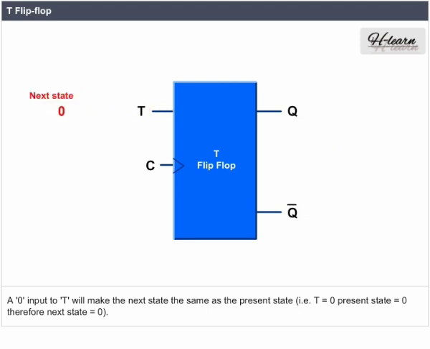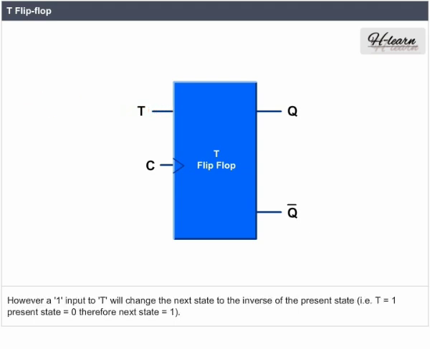That is, T equals 0, present state equals 0. Therefore, next state equals 0. However, a 1 input to T will change the next state to the inverse of the present state. That is, T equals 1, present state equals 0, therefore, next state equals 1.